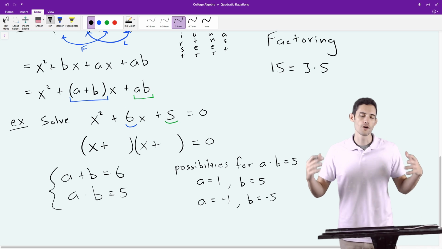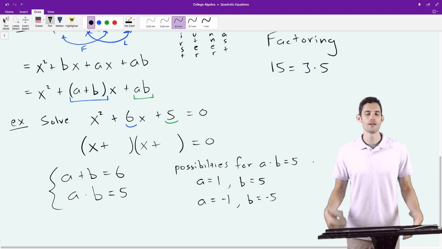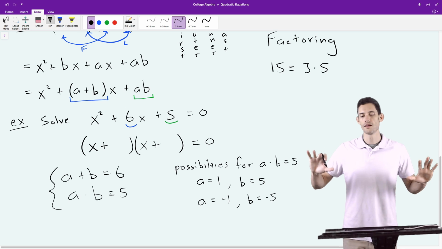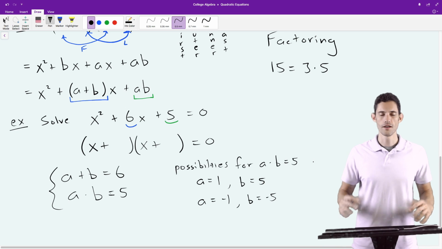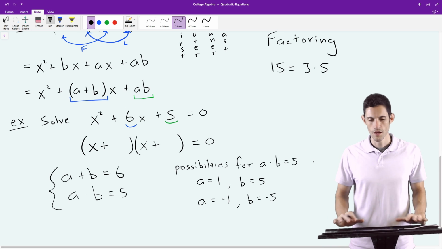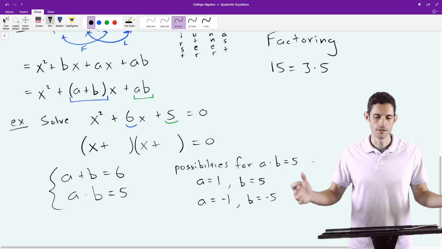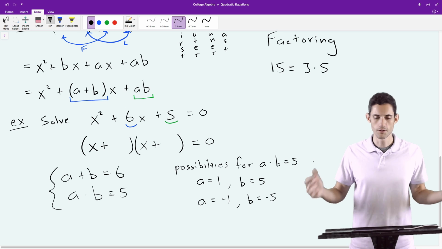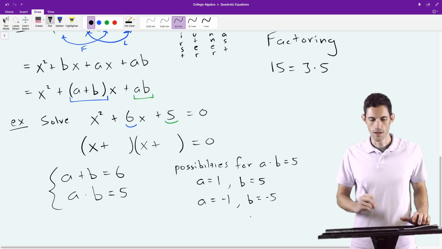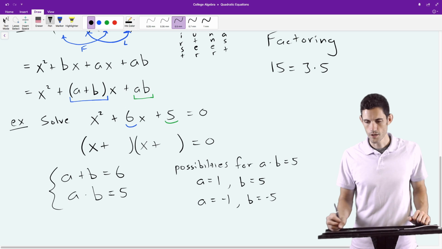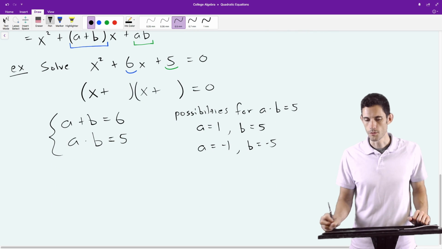And now, of course, I'm just writing down integers here, hoping that one of these is the right answer and expecting that it probably will be. But I could write down infinitely many fractions that multiply together to give me 5, or decimals, or real numbers, or what have you. But I'm just thinking probably the answer is going to be a couple of integers.